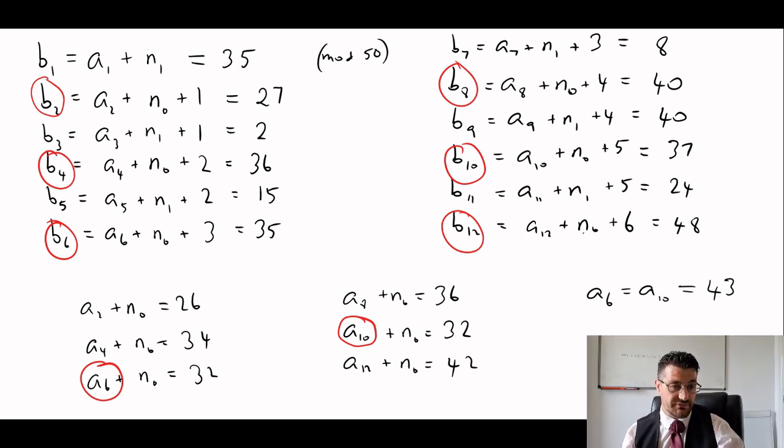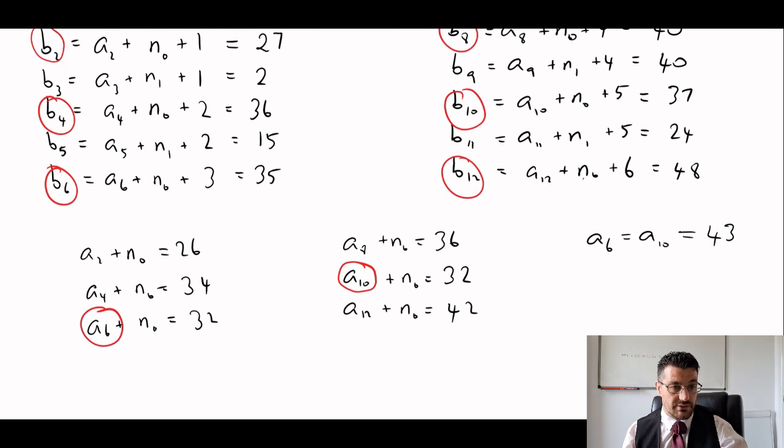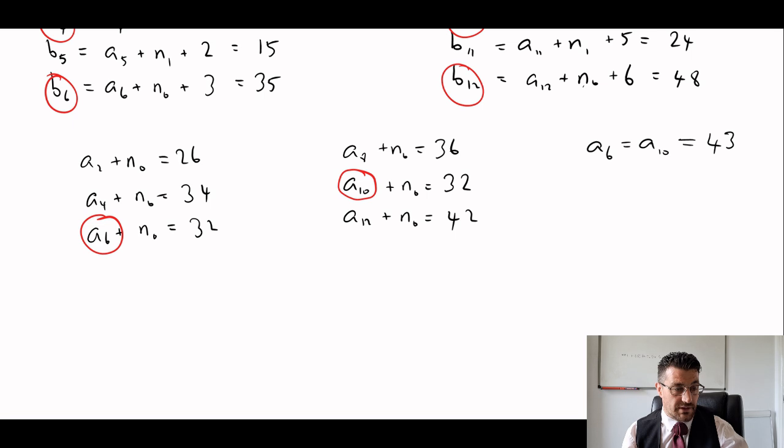But anyway, I followed it through, because this gives you the value effectively of n0, right? So if we look now at A6 plus n0 equals 32, we've got that 43 plus n0 is equal to 32. Now I do need to worry about modulo 50. So I need to think, what can I add to 43 to get 32 in modulo 50?